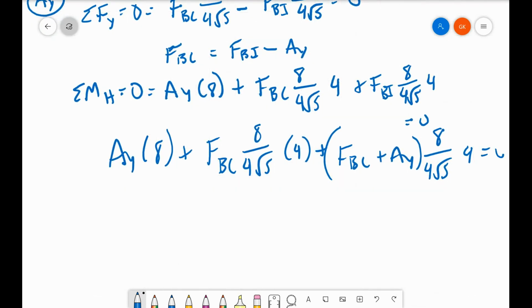Okay, that equals 0. Now some simplification. All these 8's cancel, because there's 8 for all of them. These 4's cancel.